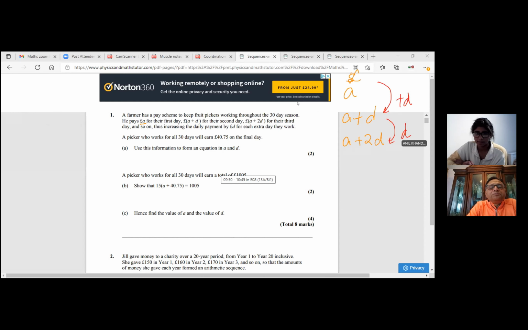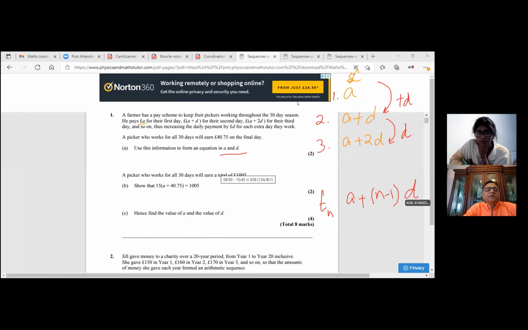We now want to use this information to form an equation in A and D. So basically, if you have to find a general term, let's say this is your term number 1, when you have A pounds, then term number 2 has A plus D, and 3 has A plus 2D. You will see D is 1 less than 3, right? Right. So the nth term, let me write Tn, will be A plus (n minus 1)D. Is that okay? Yeah.